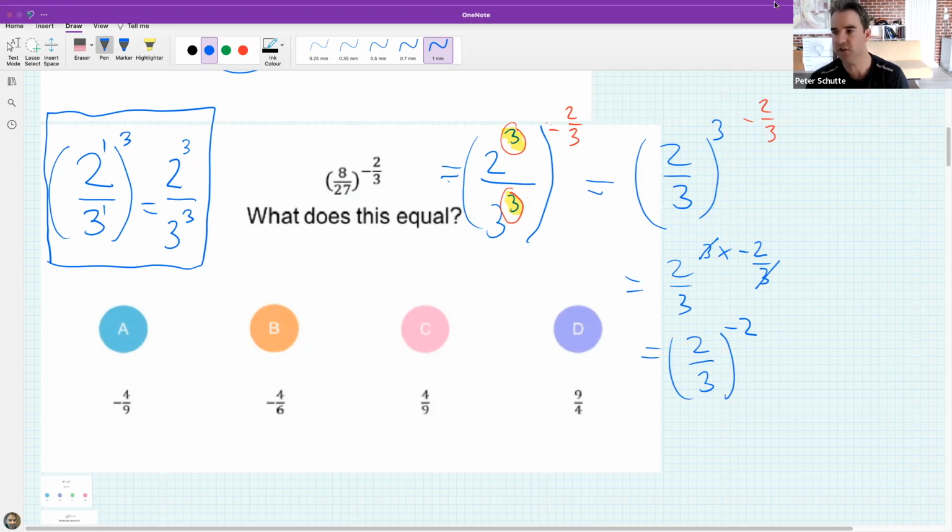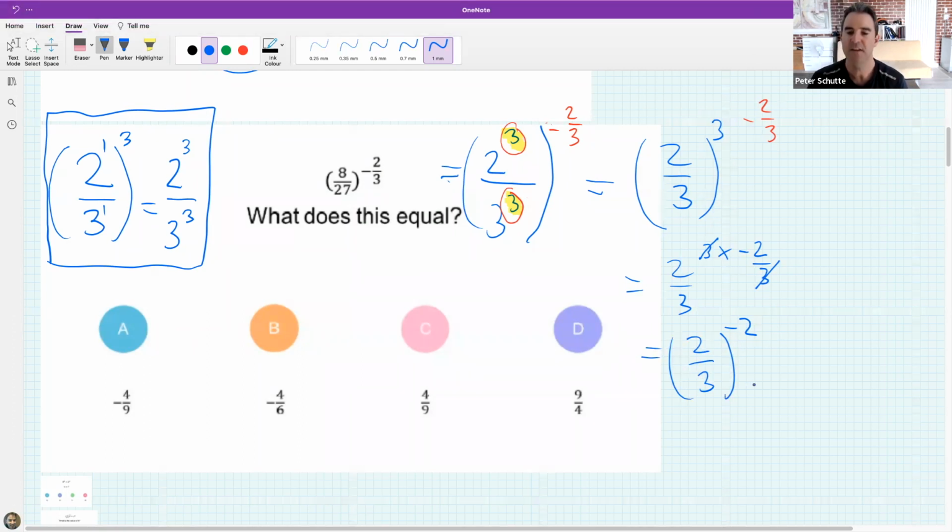Don't stress if this is getting you a little bit, because if we want to bring this back inside, I'm going to get 2 to the power of -2 over 3 to the power of -2. Now, I want everyone to stop at that point and look at what I've done.